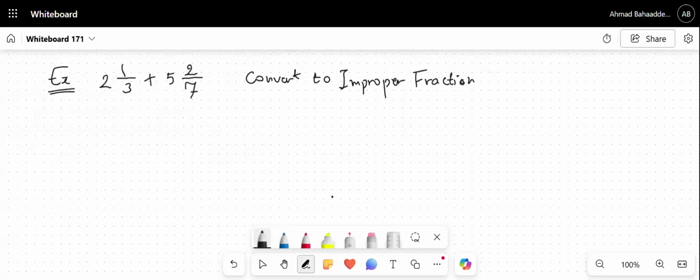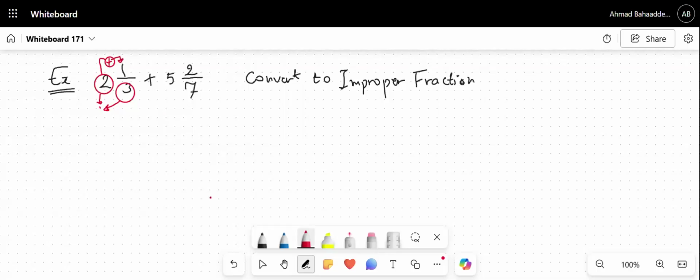So how do we do that? As you know, guys, previously we explained this. We multiply the denominator by the whole number, and then we add it to the top.